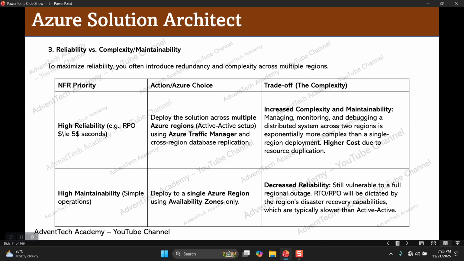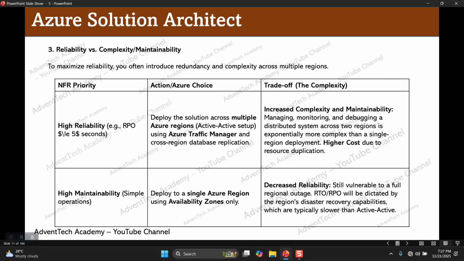And we have to use Azure Traffic Manager and cross-region database replication. If you want high reliability, we have to implement this solution: multiple Azure regions, Azure Traffic Manager and cross-region database replication.